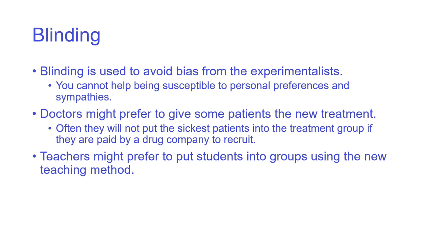If I was doing teaching, then what you could do is put the students that you prefer into one teaching method as opposed to the students that you're not so keen on. So whenever there's choices of an experimentalist, you have to make sure that it's completely randomly assigned.